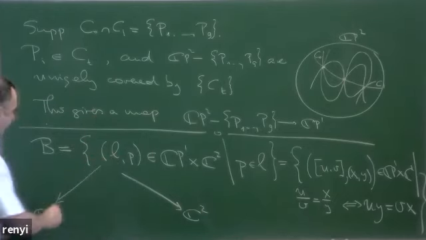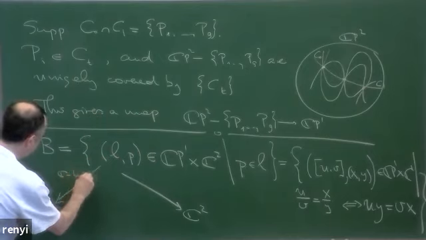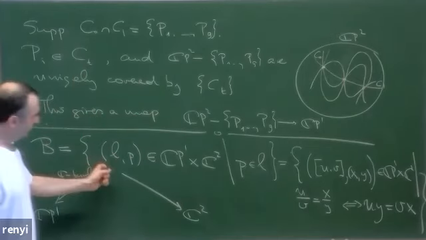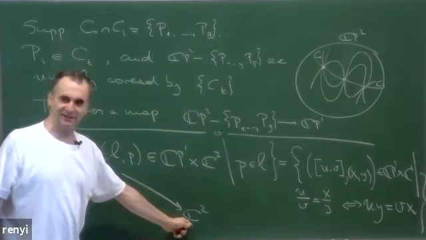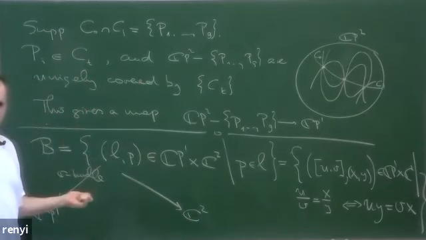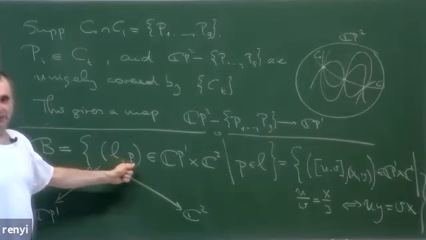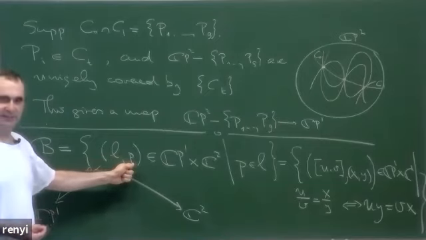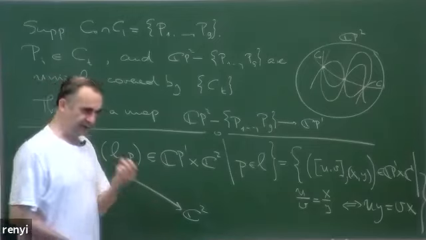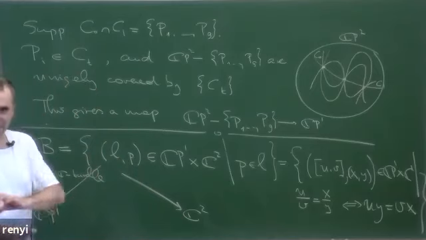So that will be a complex line bundle. If you project down to C2, this is a trickier map because it's 1-to-1 away from the origin, right? If you pick a point which is not the origin, then there is a unique line which passes through the origin and this point. So that has a unique inverse image. But at the origin, every line passing through the origin passes through the origin. So there is a whole CP1.